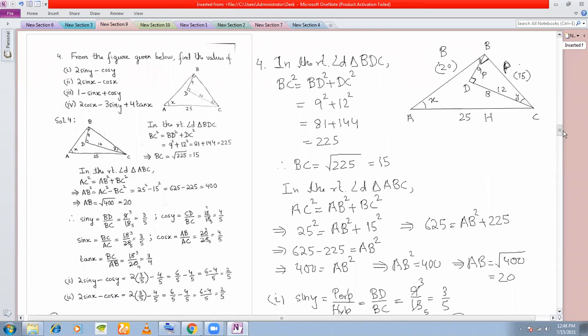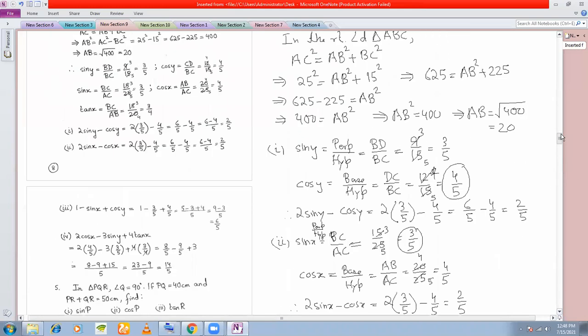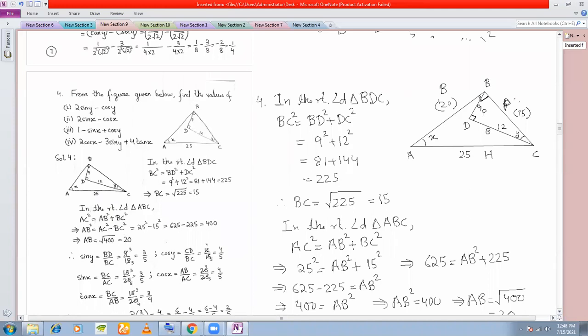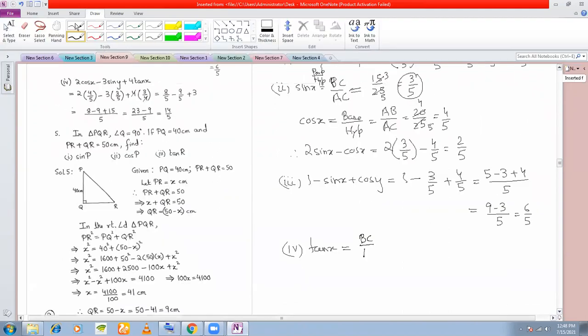And finally, you have 2 cos x minus 3 sin y plus 4 tan x. So you have a tan x here. Let's first find out tan x. Tan x, you can either find out by sin x by cos x, or you can find out from the diagram. Tan x, this is my perpendicular, this is my base. So BC by AB. Let's write the formula first for tan x.